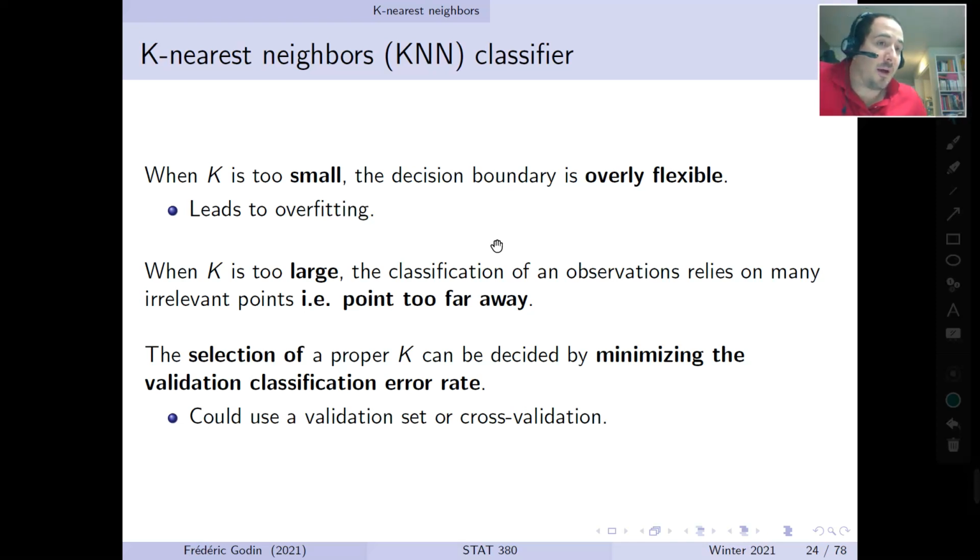If you have a low error rate out of sample, in let's say a test set, then you know you've performed well. In practice, the lowest training error would be obtained when K is very small. If K is equal to 1, you're going to correctly classify all observations in the training set, but out of sample, because you have overfitting, you will perform poorly. So looking at out of sample predictive performance is what can help you determine a suitable value of the nearest neighbors.